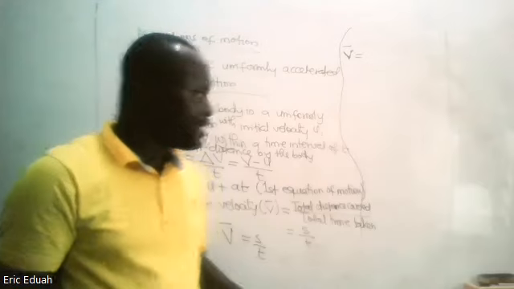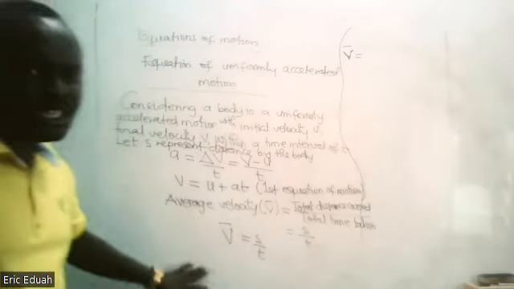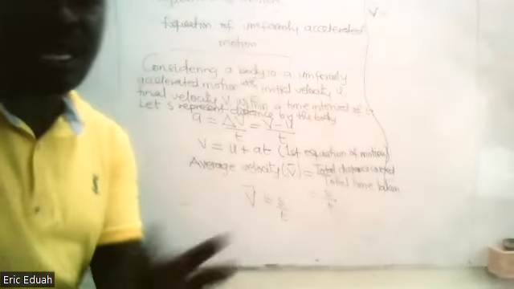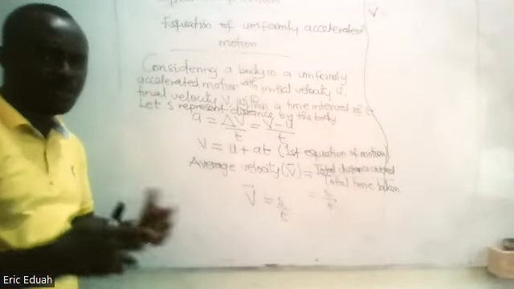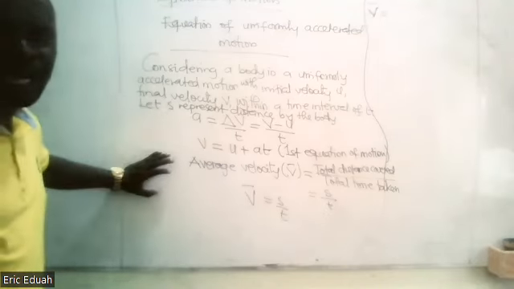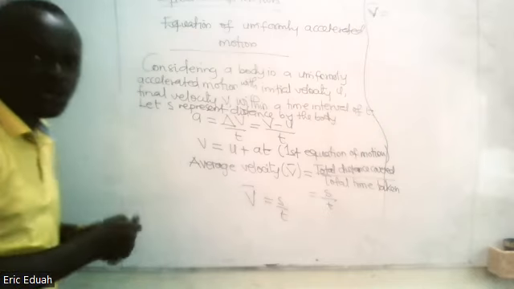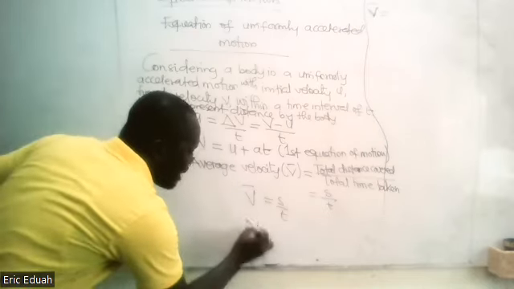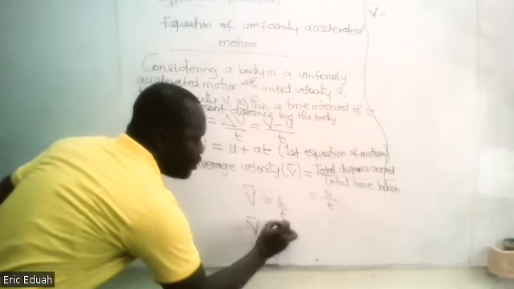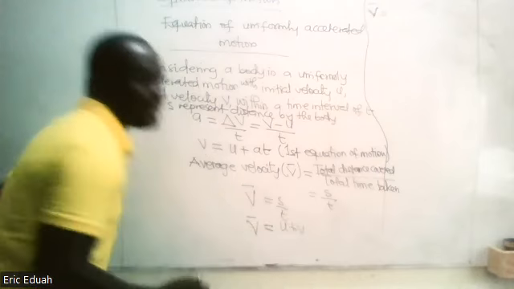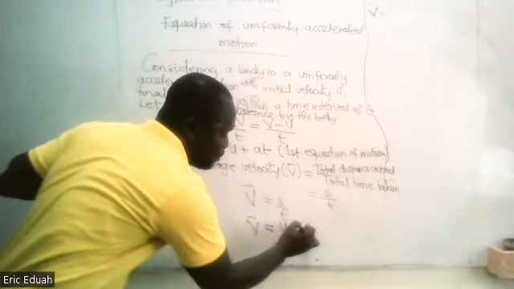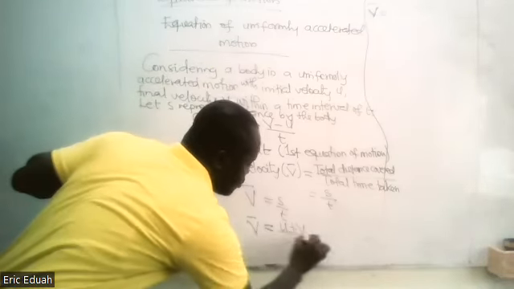So we are talking about average velocity, and within the period of accelerated motion, we have two velocities in place, u and v. So we can determine the average velocity v bar by summing up the two velocities, u plus v, and dividing by 2. Good.